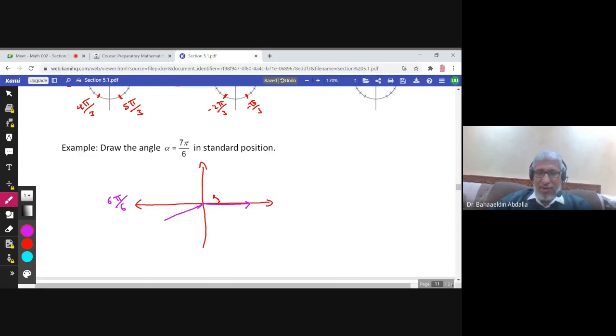Remember that pi over 6 is 30. So this angle should be pi over 6 or 30. Remember that pi over 6 is 30 degrees. Okay, so this angle from here to here is 7 pi over 6.